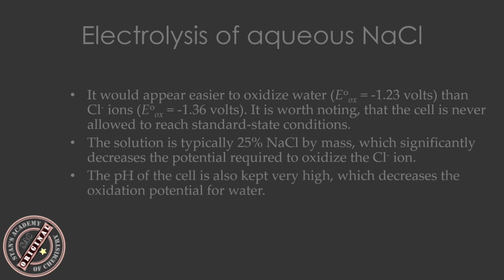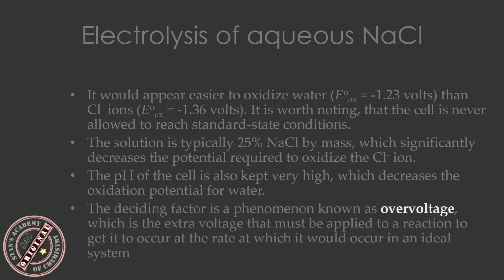The pH of the cell is also kept very high, which decreases the oxidation potential for water. The deciding factor is also known as the overvoltage, which is the extra voltage that must be applied to the reaction to get it to occur at a rate at which it would occur in an ideal system.